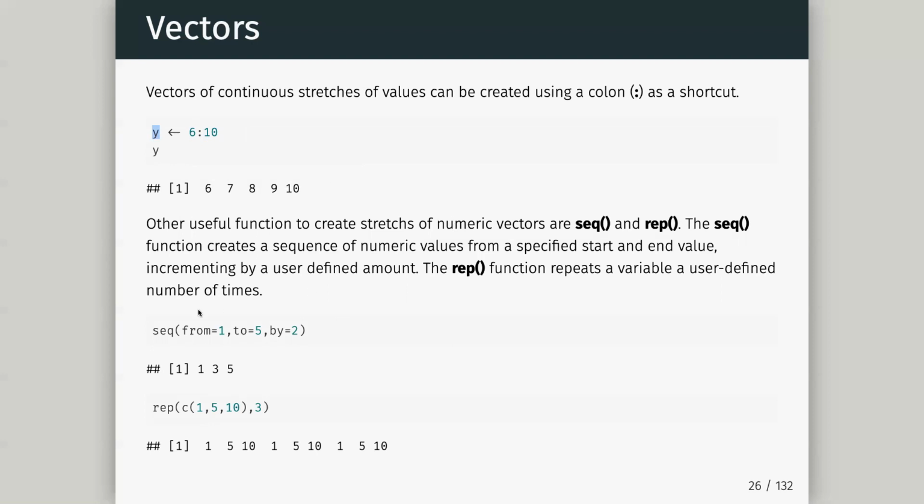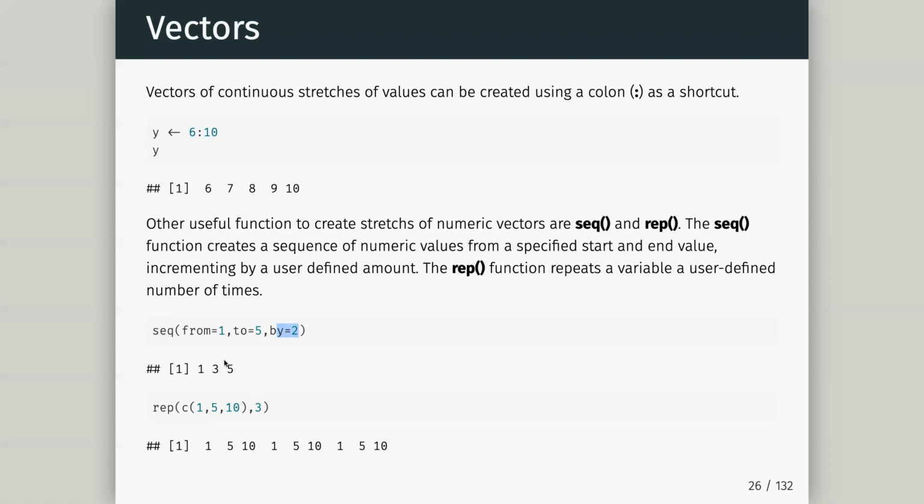If you start writing your own software and your own R packages, they're not going to want you to do it like this. They want you to write it out more explicitly. And we have two functions which allow us to do a little bit more. We have seq and rep. Seq allows us to go from one number to a final number by steps of, here, 2. So it goes 1, 3, 5.